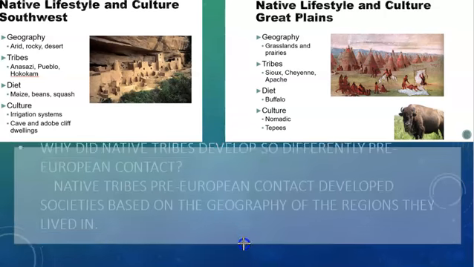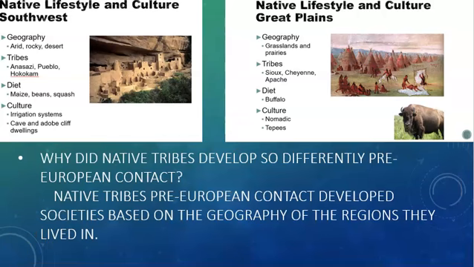So why? Because native tribes pre-European contact developed societies based on the geography of the regions they lived in. That is just a given fact of all of this. That is what happened. Now, I'm going to leave this up so you can pause and get it for a few seconds, and then we're going to move on to the next organizer.